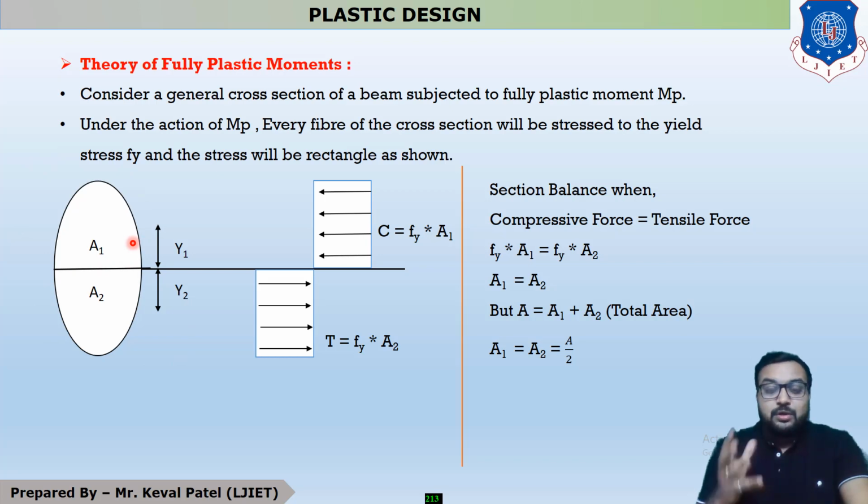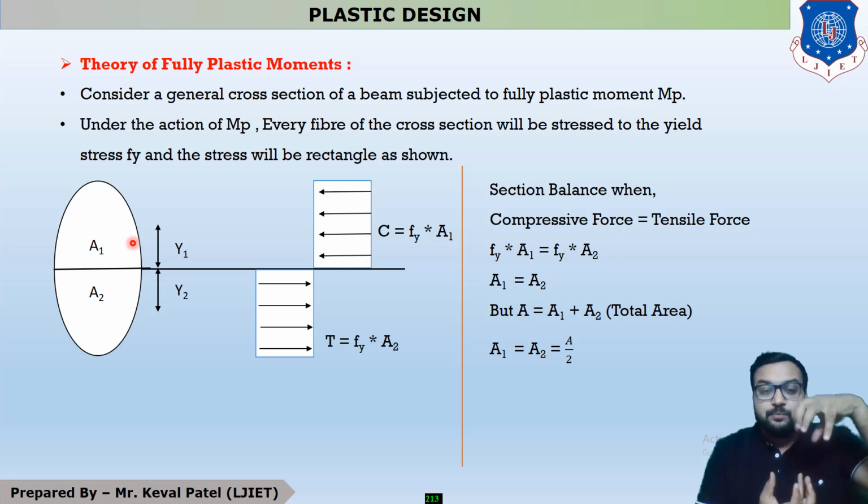Now you all know that tension occurs at the bottom portion and compression occurs at the top portion. So in the top portion compression is generated and in the bottom portion tension is generated. The distribution diagram like this is compression, and the value of this C means force.